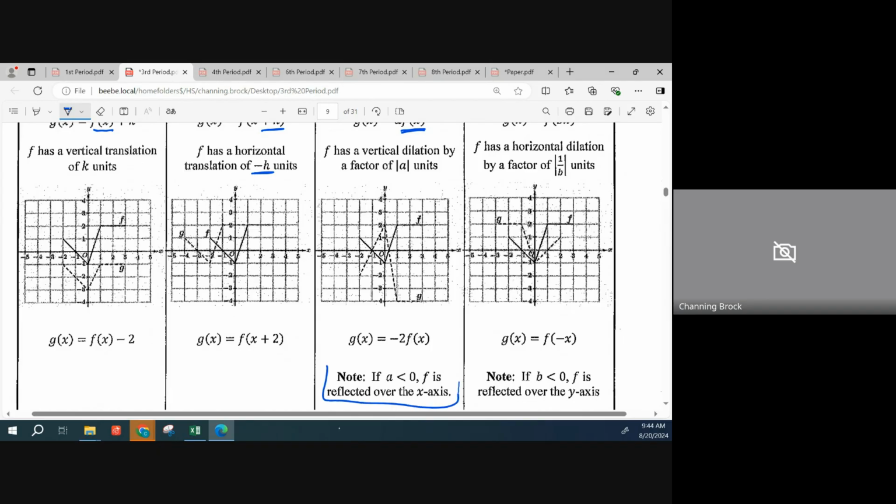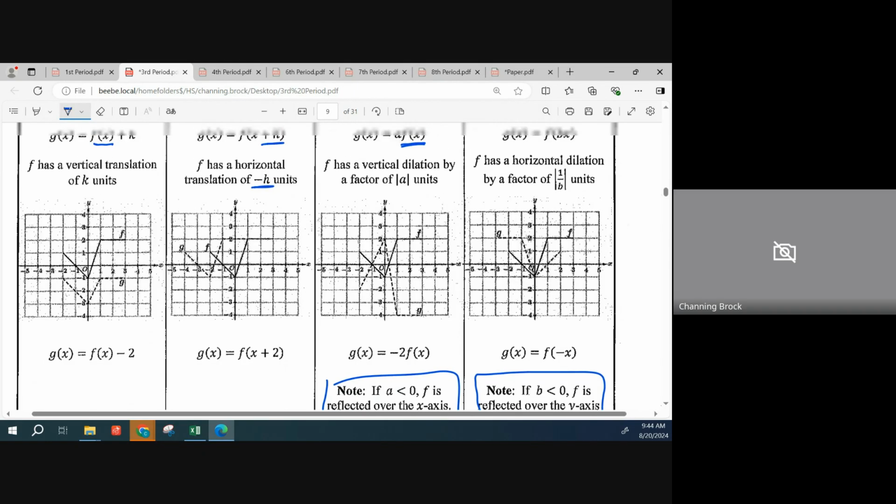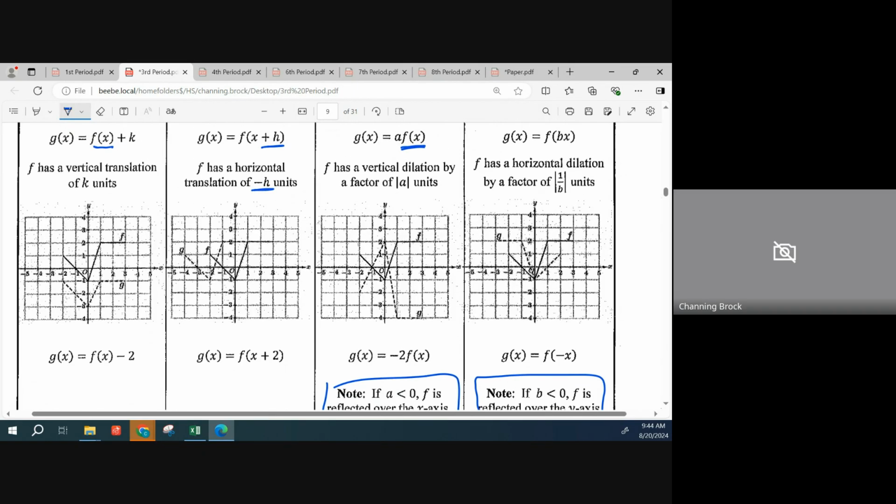So they kind of make that a 2-for-1 special of it reflects and it can stretch. All right, so horizontal dilation is the only one that we haven't talked about. Now, we have talked about the fact that if it's negative, then it will reflect it over the y-axis. So we've touched on that one. I don't know that you touched on that one much last year, but we definitely have talked about it quite a bit this year.